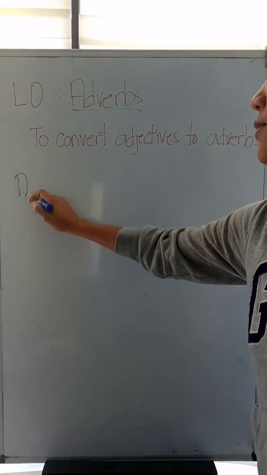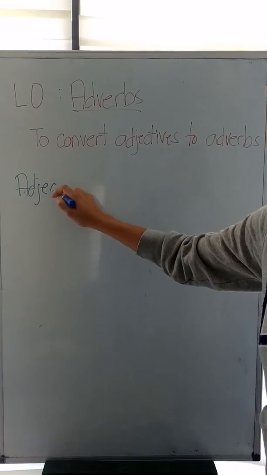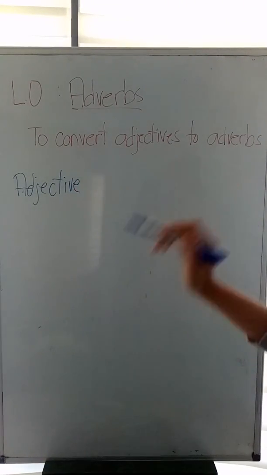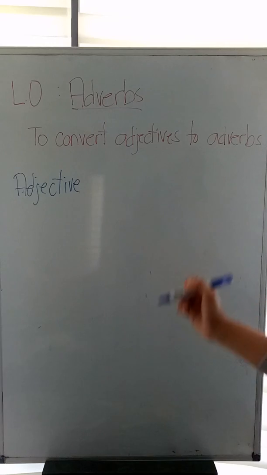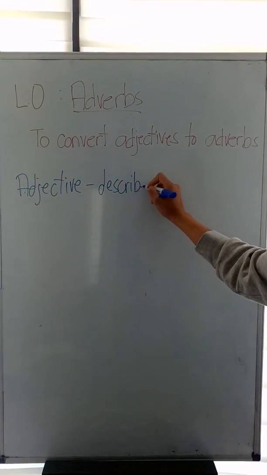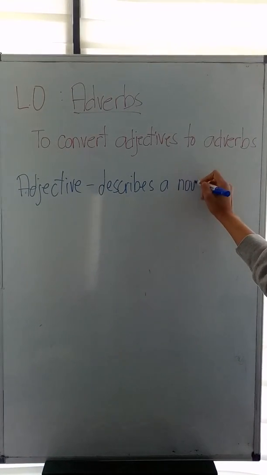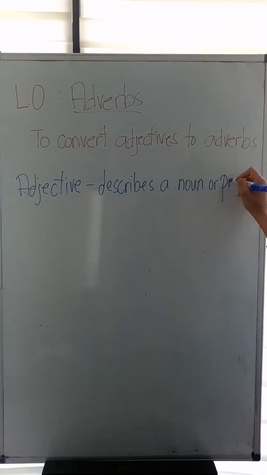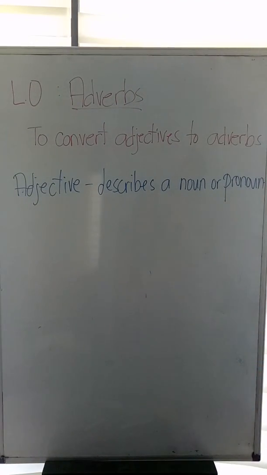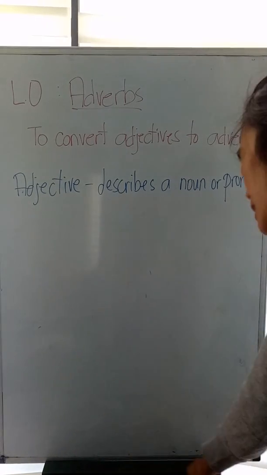For an adjective, this part of speech, it always describes a noun or a pronoun. Let me just write it. Describes a noun or pronoun. It always describes a noun or a pronoun because an adjective alone doesn't have its own meaning in a sentence, of course.